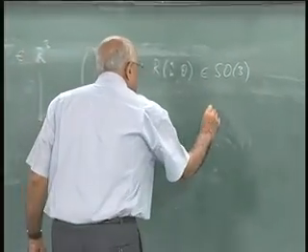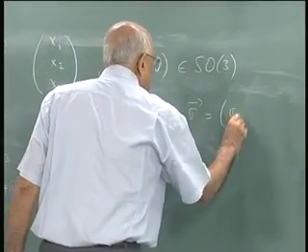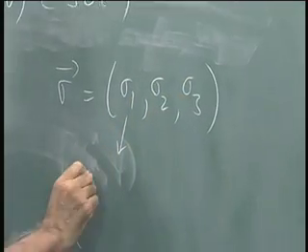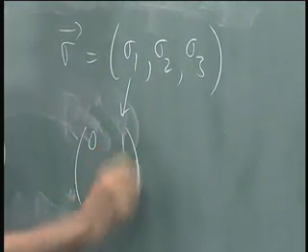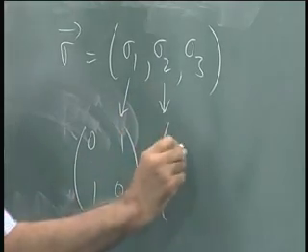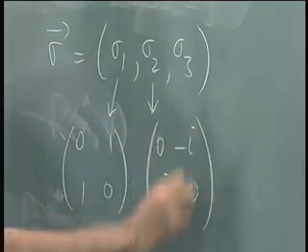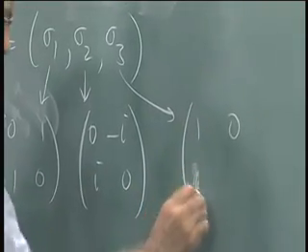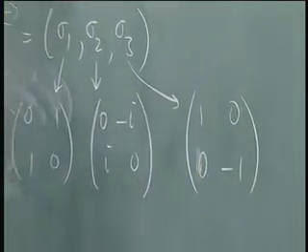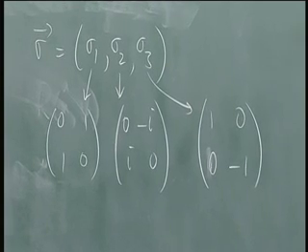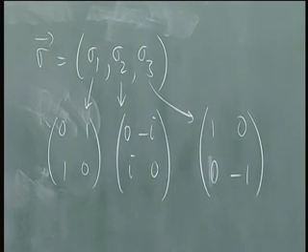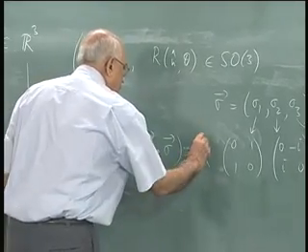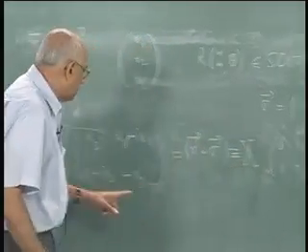So sigma stands for the set of 3 matrices: sigma 1 is 0 1 1 0, sigma 2 is 0 minus i, i 0, and sigma 3 is 1 0 0 minus 1. And let me call this, for want of a better name, capital X. Capital X is a 2 by 2 matrix.